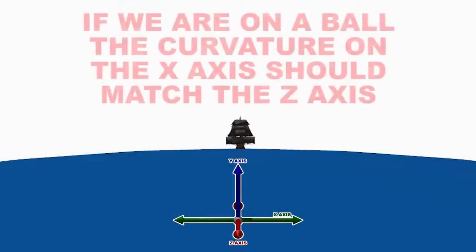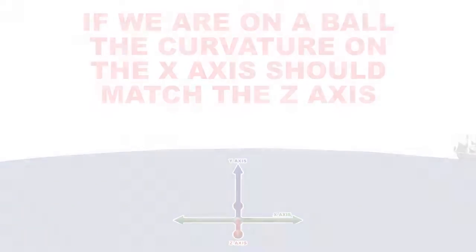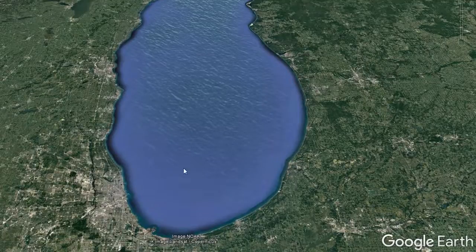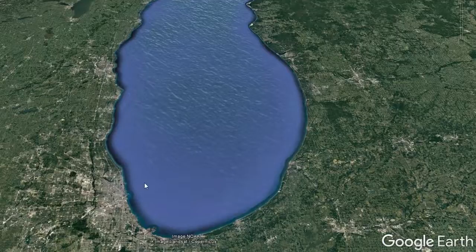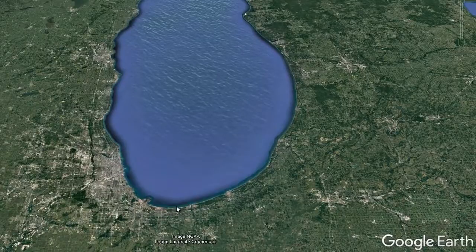You can't say ships are rolling over the ball on the z-axis without having the same exact perception on the x-axis. I was thinking about that while we were on Lake Michigan. We were on the east coast of the lake looking toward the west. And if you're standing on the east coast looking toward the west and you claim that ships are disappearing in 3, 4, 5, 10 miles, whatever distance, then people who are standing on the southern coastline would make the same claim. If they're on the south looking toward the north, they would say the same thing.